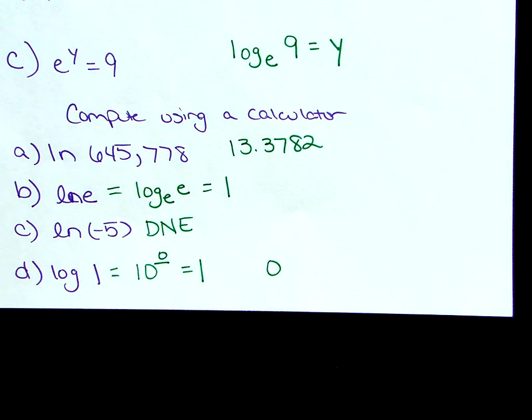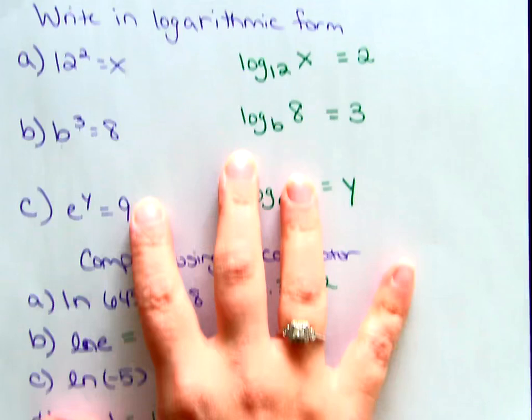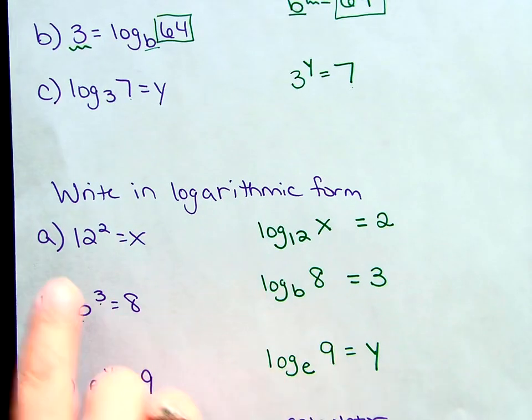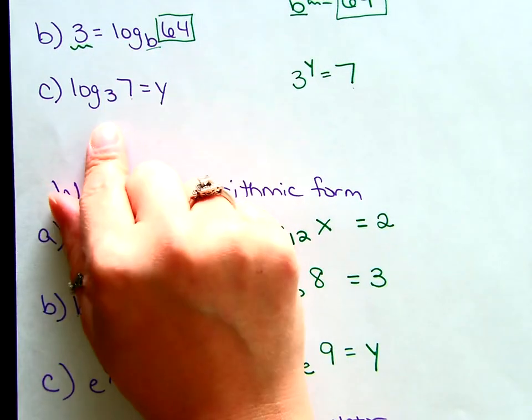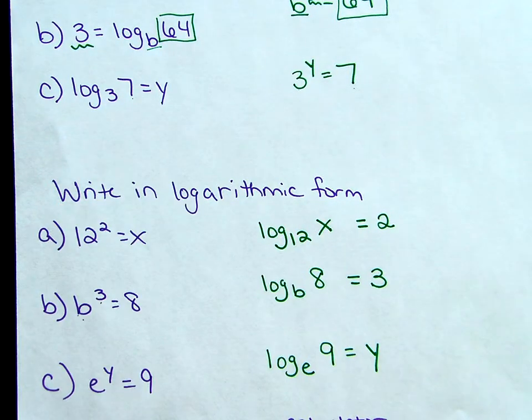Now, I mentioned to you just a minute ago that if I was trying to type into my calculator log base 3 of 7, I can't do that. My calculator does not work that way. I can do log base 10 and I can do log base e. That is it. But there's going to be times when I need to compute what log base 3 of 7 is.